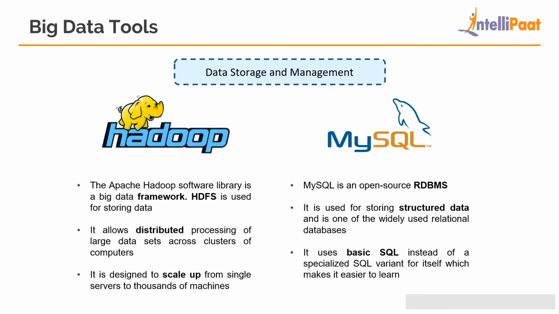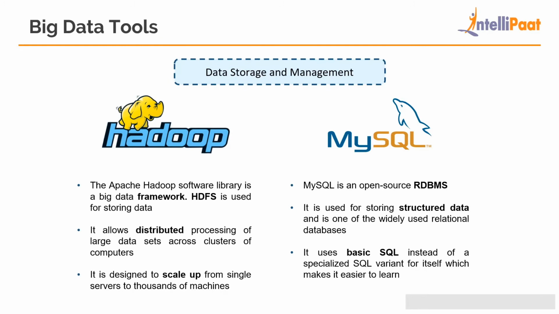So Apache Hadoop software library is a big data framework. HDFS is used for storing data in it. HDFS, as I already told you, is the Hadoop Distributed File System, and it is mainly used for storing data on a distributed platform so that you have replications of the same data. It also allows distributed processing of large data sets across clusters of computers. To make it simpler, let's say you have 4 different computers and one master computer.